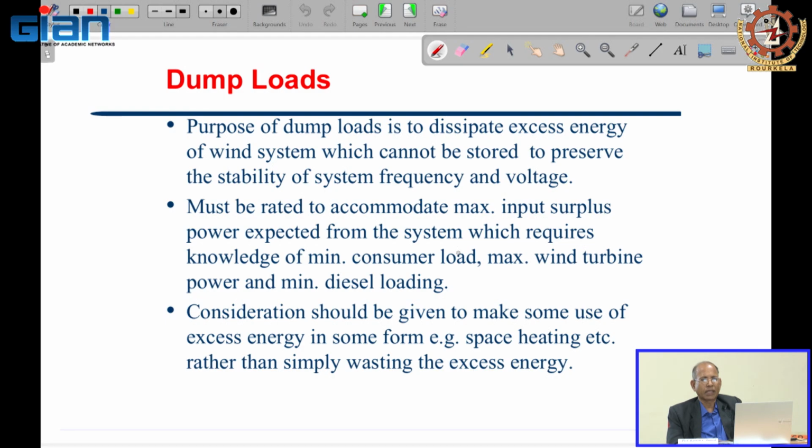But at the same time, you consider that maximum power is being generated from the renewables, and the diesel generator you are running with the minimum capacity. So you consider the worst case scenario to design the dump load rating. Are you following? So when you are designing, you consider the worst case scenario.